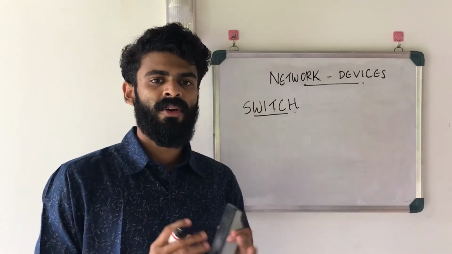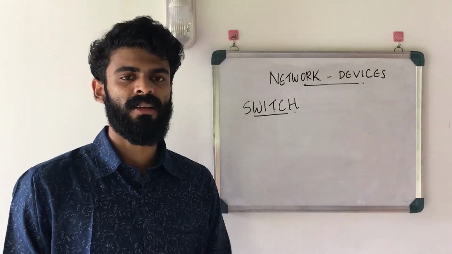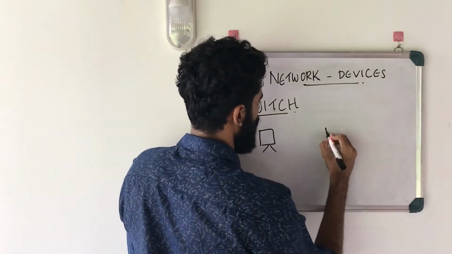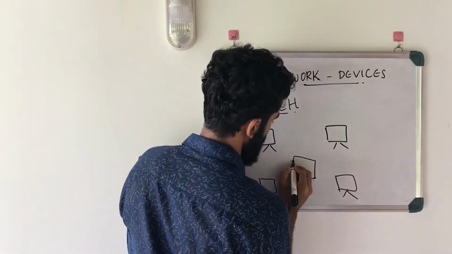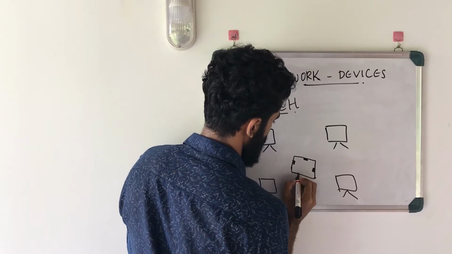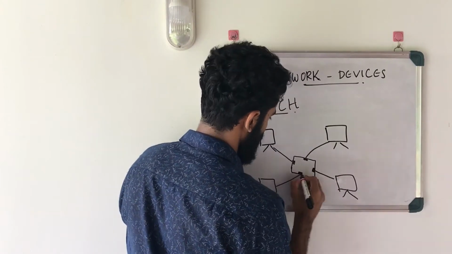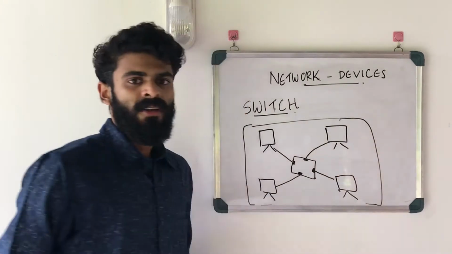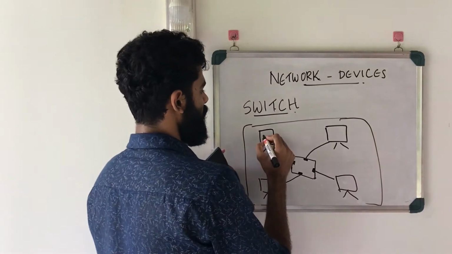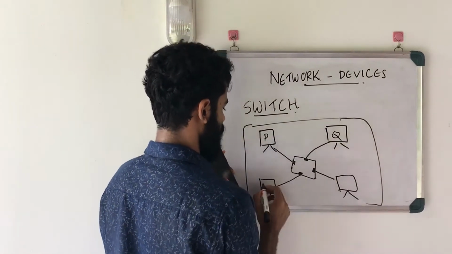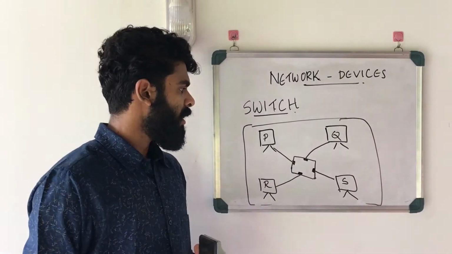So I'm going to draw a computer network with 4 computers or nodes and a single switch. So here we have a local area network consisting of 4 devices or nodes, say P, Q, R and S, and we have a switch in between.